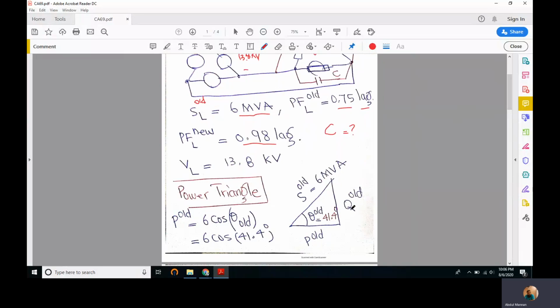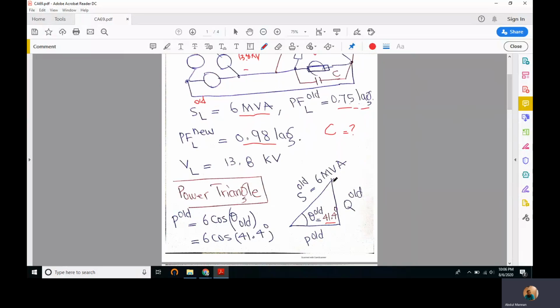We have this P old, Q old, and S old. S old is given to be 6 MVA, and theta old is the inverse cosine of the power factor. Power factor is given, it's 0.75 lagging before we have introduced capacitors. So the inverse of it gives us 41.4 degrees.